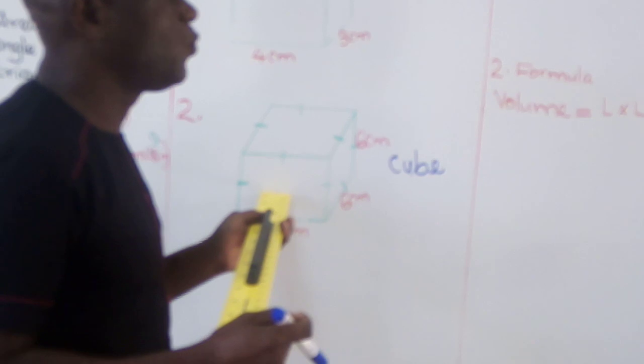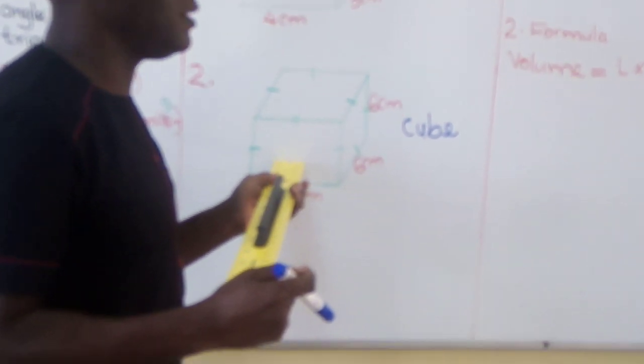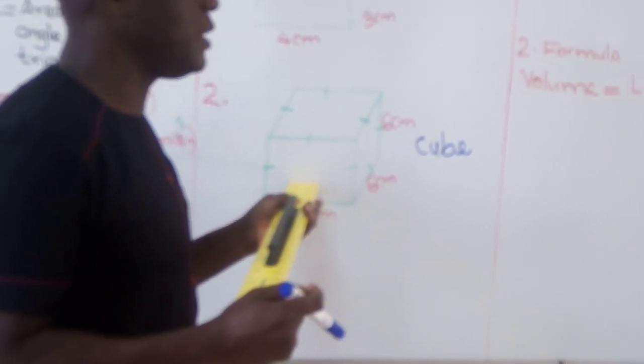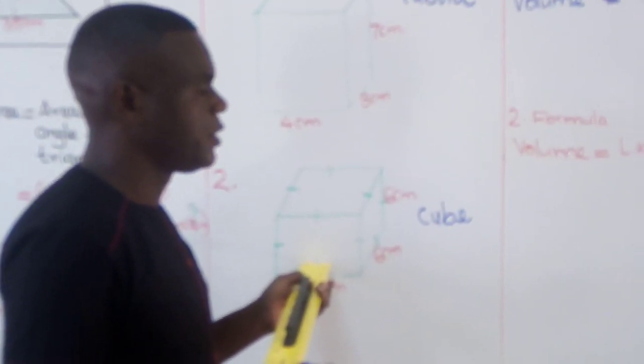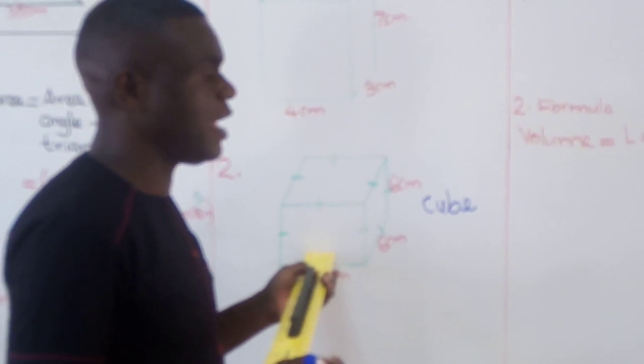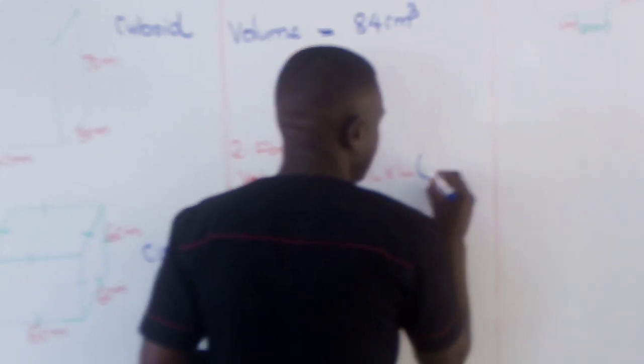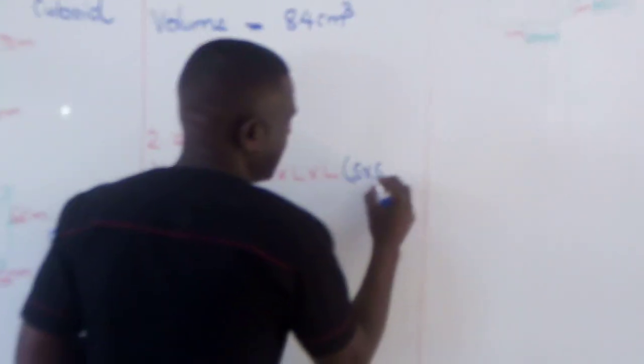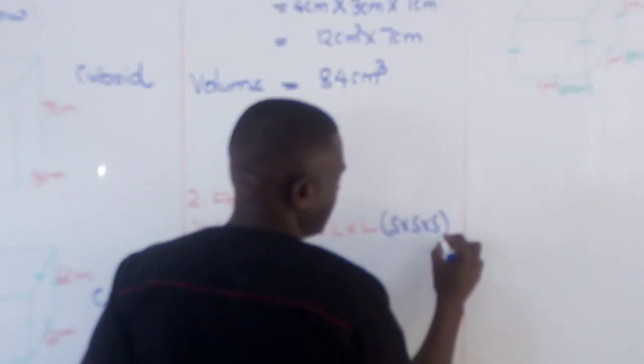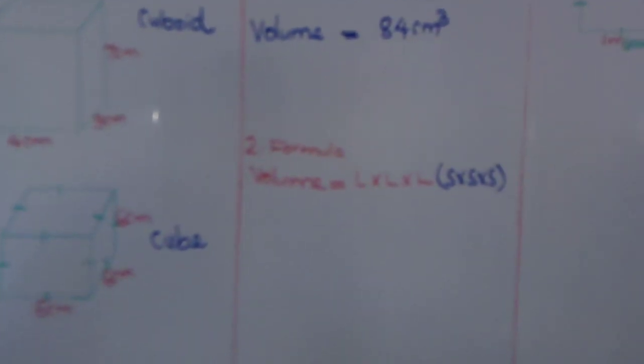Because a cube doesn't have width and height. All the sides are equal and their measurements are the same. So we say length times length times length, or side times side times side is okay.